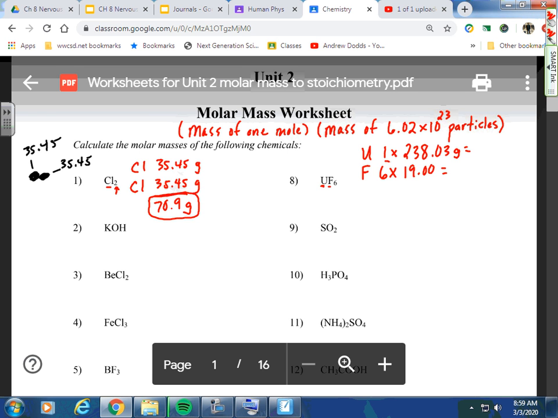Uranium is just 1 time, so that's easy enough. The mass of the uranium in this molecule is 238.03 grams, right? Now the total mass of the fluorine in this molecule, I'm going to have to do 6 times 19, which gives me 114. Maybe I'll put that as 0.0. Why not?